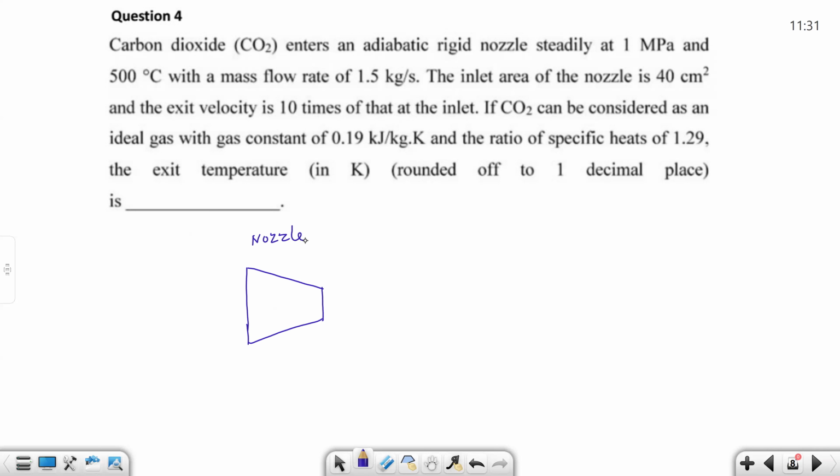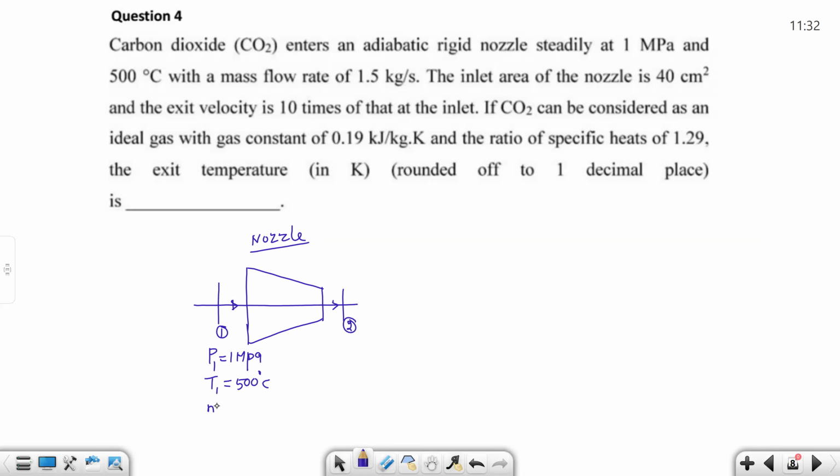Nozzle is a steady flow device, so you have an entry and exit. It is at 1 MPa and 500 degrees. So the pressure at the inlet is 1 MPa, temperature 500 degrees centigrade.